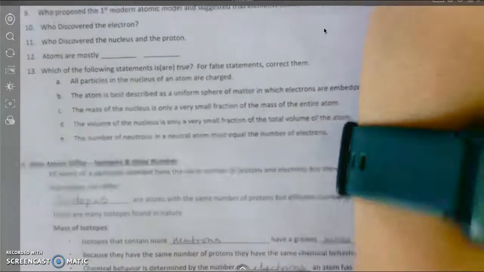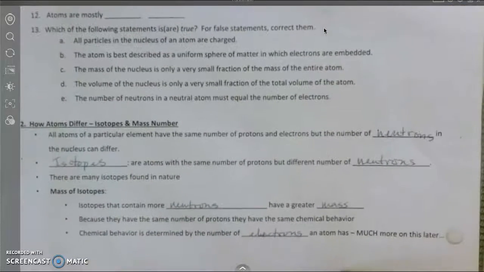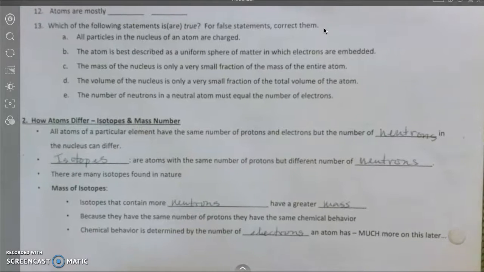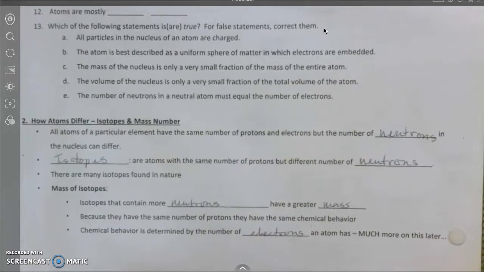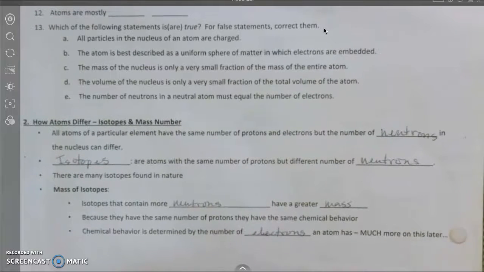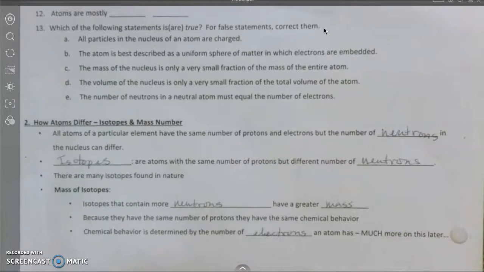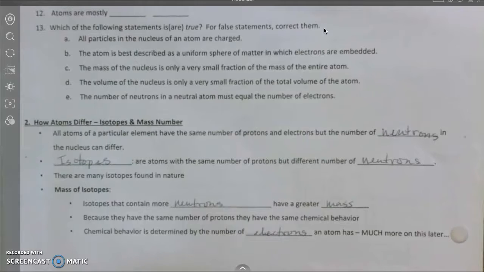All right, so here's one way in which atoms can differ, and that is the number of neutrons. We can have two atoms of the same element. Like, looking at helium before, we have two atoms of helium, but one of those atoms only contains one neutron and the other one contains two neutrons.